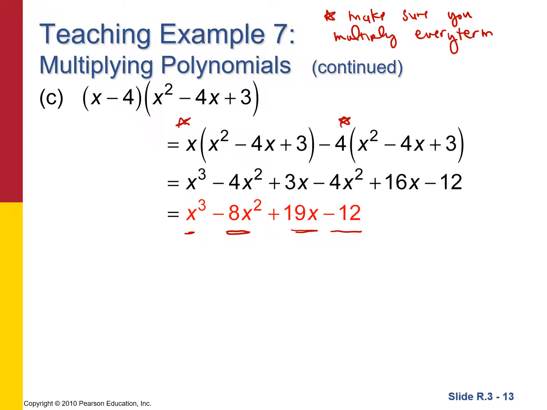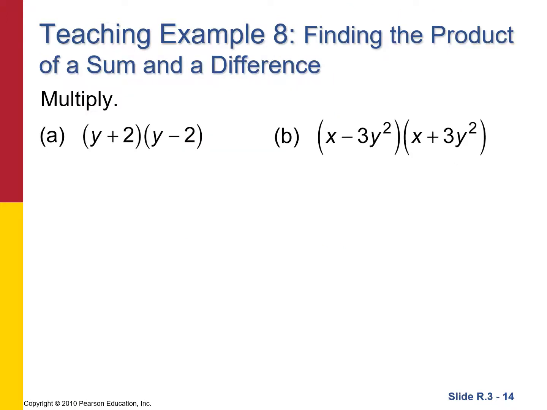Okay. All right. So let's take a look at this first one. It is called the difference of squares. Okay, notice the terms are all the same. It's y and 2, y and 2.